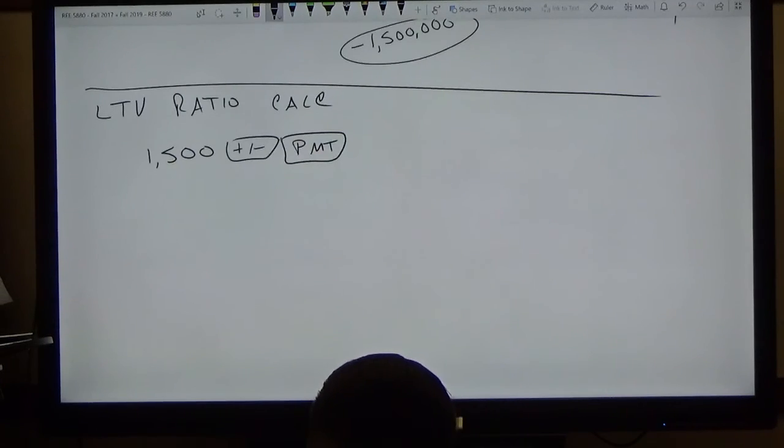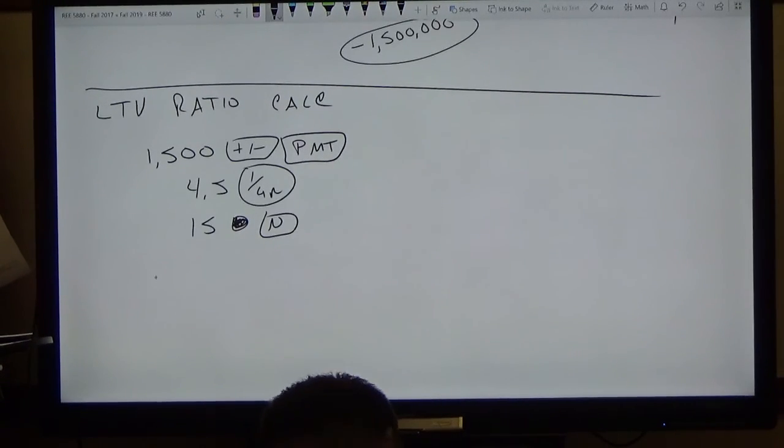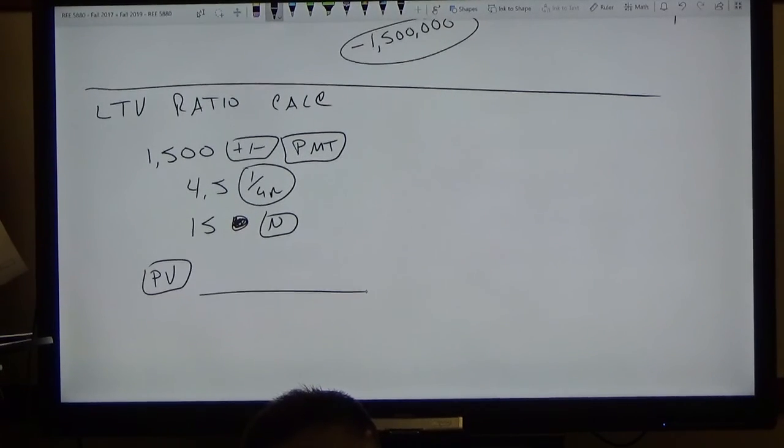Okay, what sort of interest rate? 4.5. All right, and what sort of term? How many years? 15 years? Okay, so what we're going to be doing here is solving for the loan amount to start with. Once again, make sure your calculator is set on 12 payments per year.